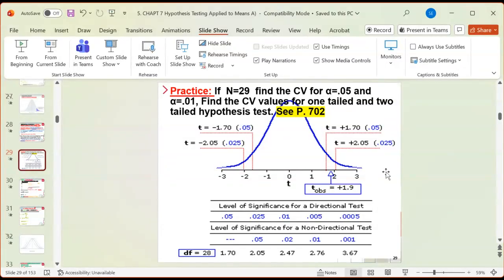SPSS by default has an alpha of 0.05. Also, if it's not specified one tail or two tail, always use two tail. Two tail tests are better, meaning they are more accurate than one tail tests.